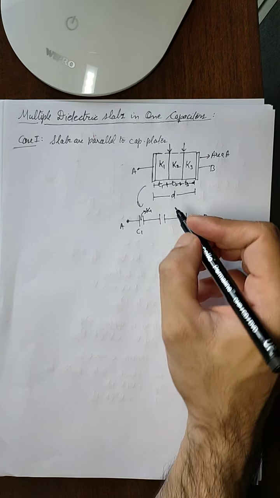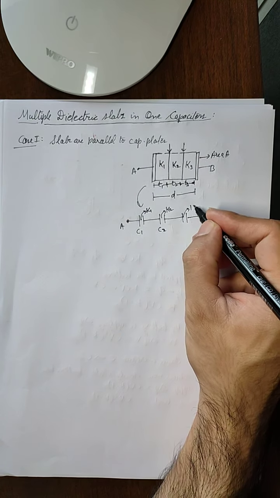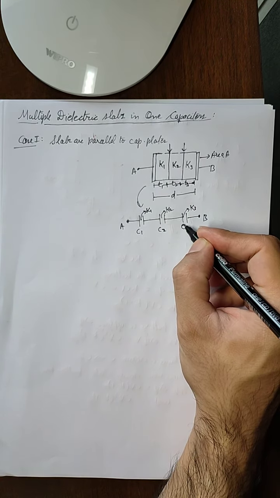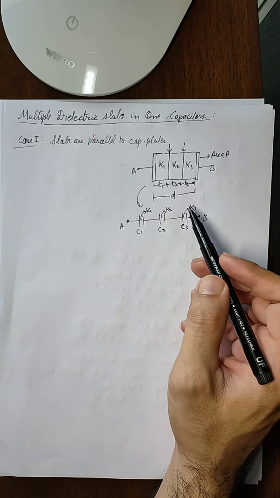Let us say this is capacitor C1. This will have K2, so capacitor C2, and this will have K3 dielectric, so the capacitance is C3. So this diagram will look like this if we separate them.